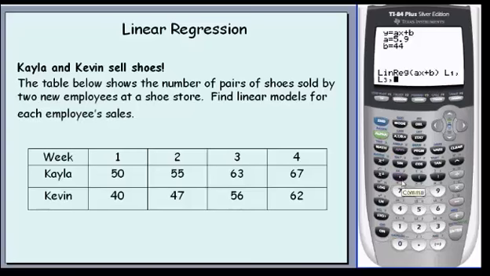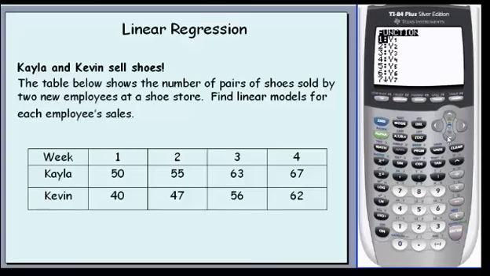Comma again. Now remember, I'm lazy and I want the linear regression to appear immediately into y equals. So I already have Kayla's regression in y1. I want to pop Kevin's regression into y2. Remember, we hit vars, arrow over to y vars, function.